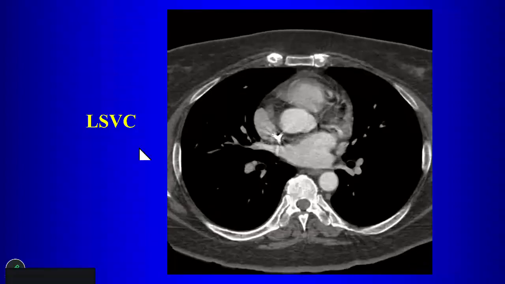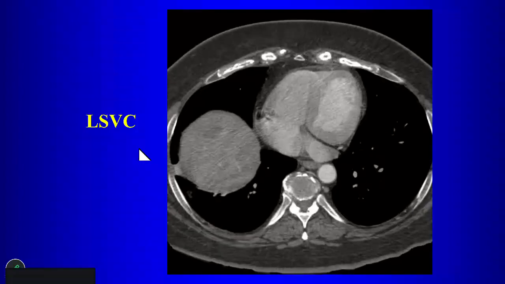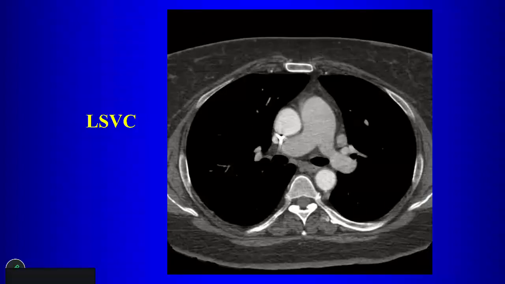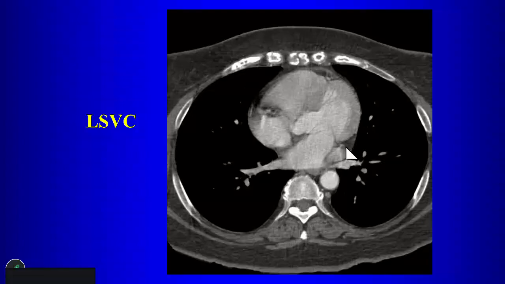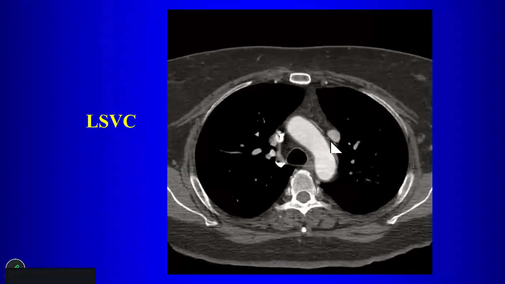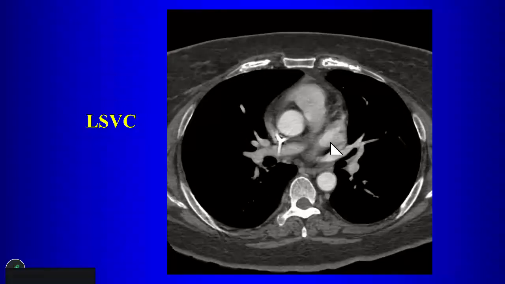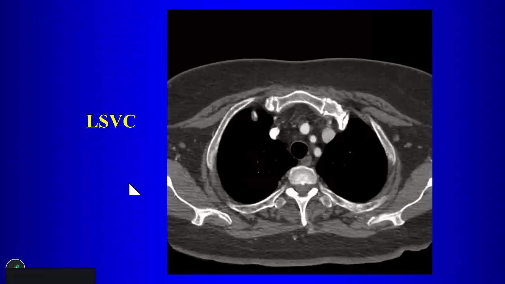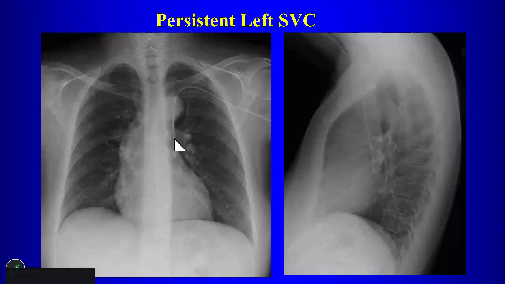Where does a persistent left superior vena cava drain? Yes, it drains to a dilated coronary sinus. So you can follow that all the way down, and it will drain into a dilated coronary sinus. So a catheter coming down the left side of the mediastinum, most often when it appears like that, you think of persistent left superior vena cava.